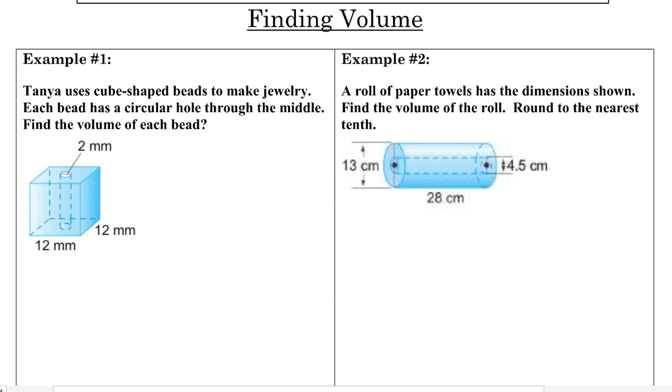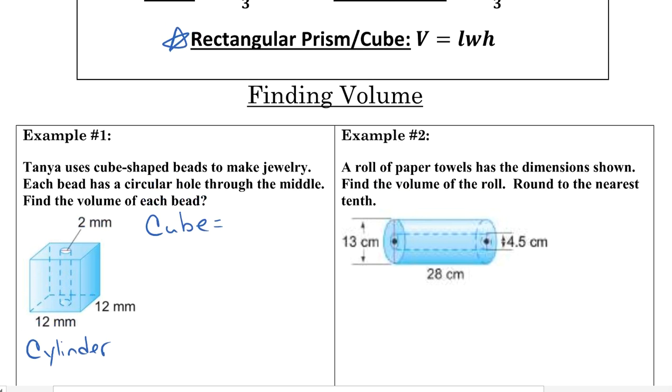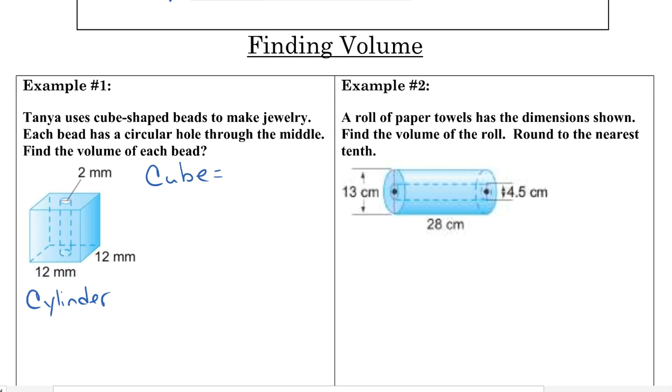Okay, so I should see here that I have a cube as well as a cylinder. So I have two shapes. The first thing I'm going to do is find the volume of the cube. If we look back at our notes up top, to find the volume of a cube, I do length times width times height, which all of those values should be the same within a cube.